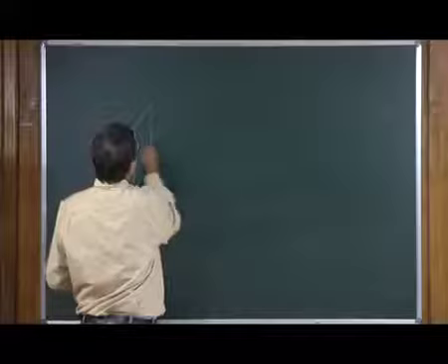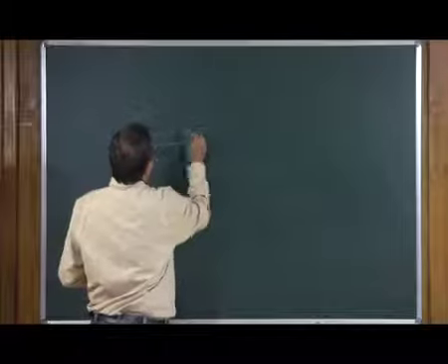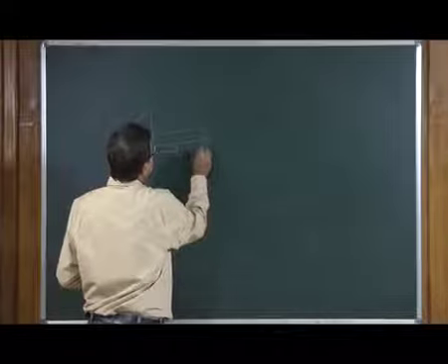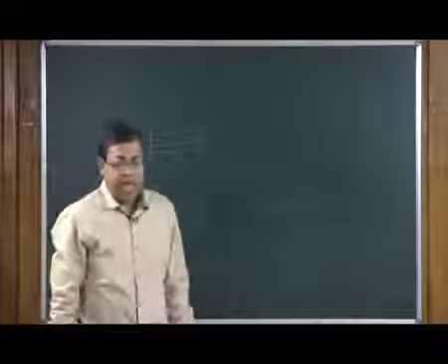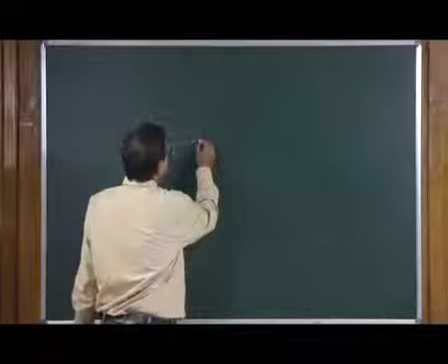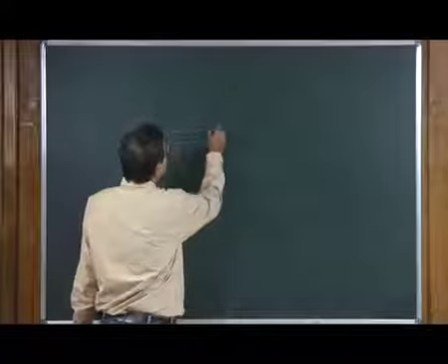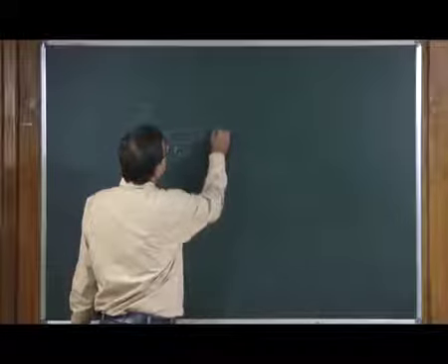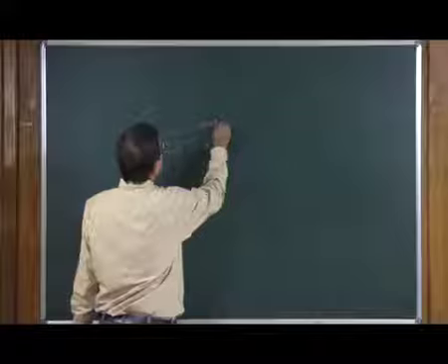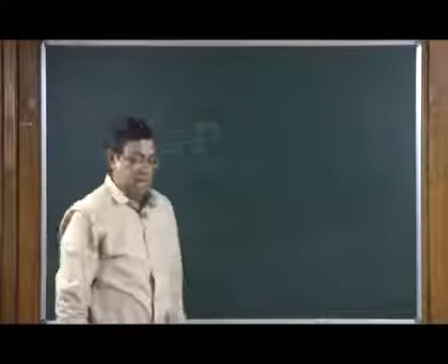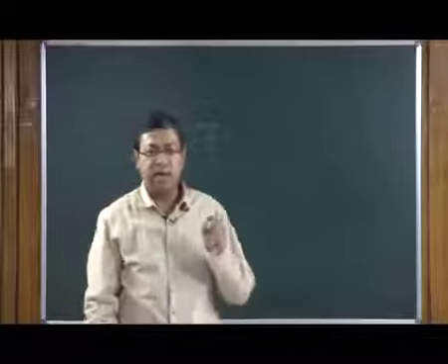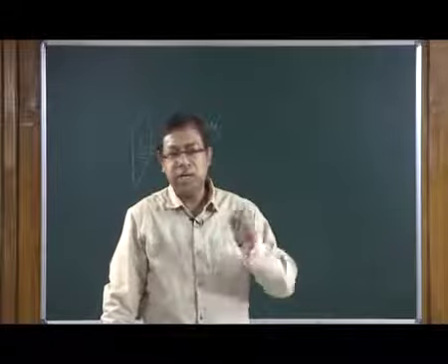There is a metal rod, which has an initial length L0, and when it is subjected to a temperature difference, say delta T, it could actually increase by an amount delta L. There are very familiar examples, such as the small gaps in the railway tracks.